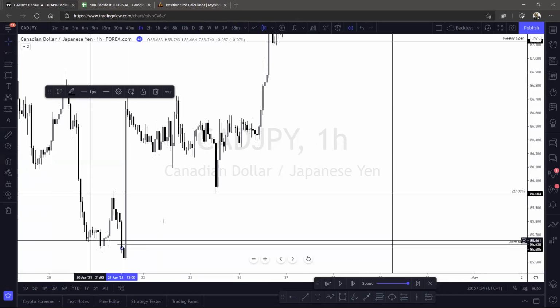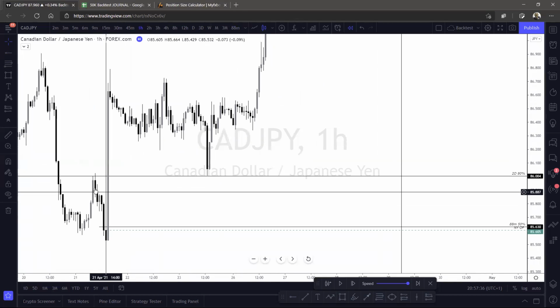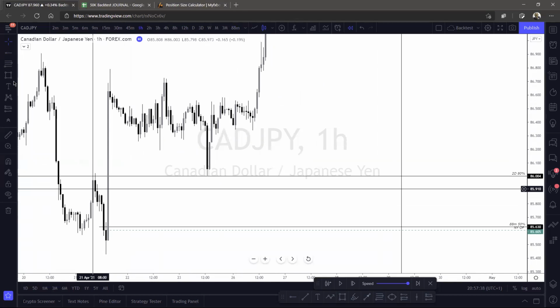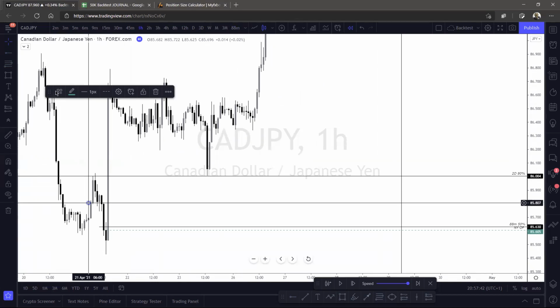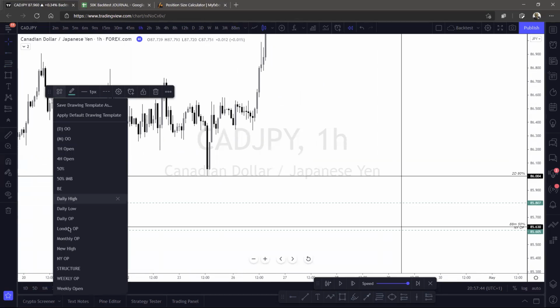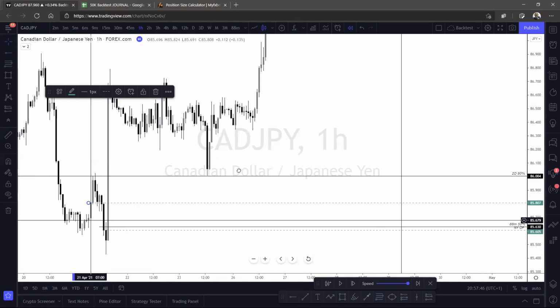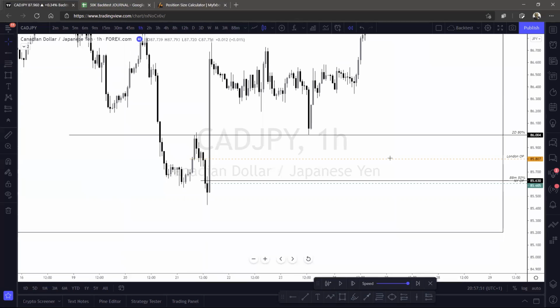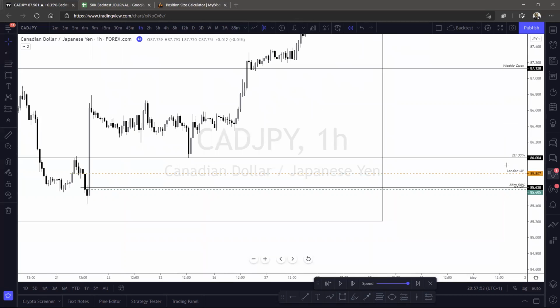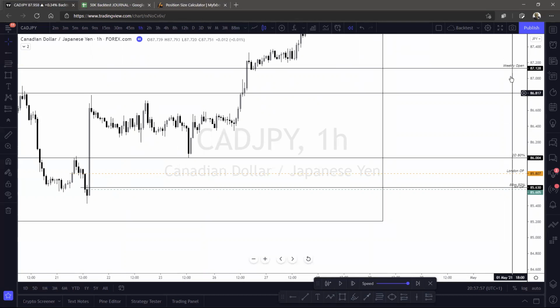New York Open, and there is London Open there as well. So we will be buying below London Open and the open price. Let's actually check. Oh, that's way back. Can't find that. That's cool. Okay, so we will be buying below the weekly open. Yeah, because weekly open is here.